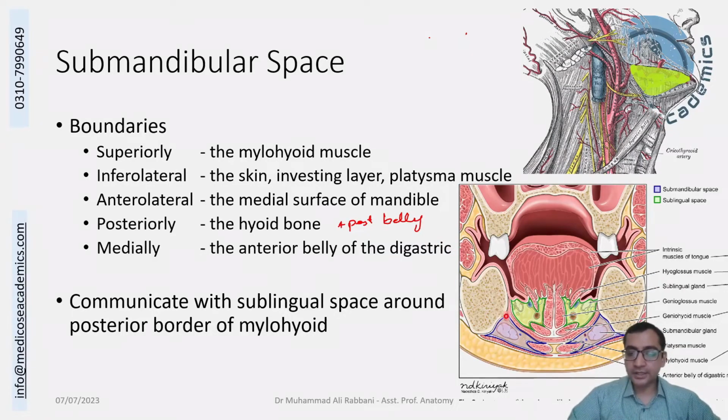Okay. What are the contents that it contains? I don't have the picture right now. Let me get the picture. Give me just a second.